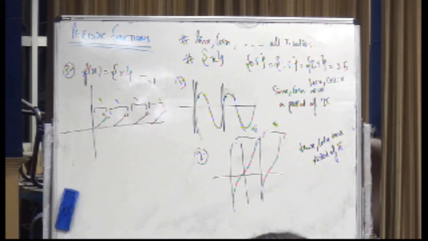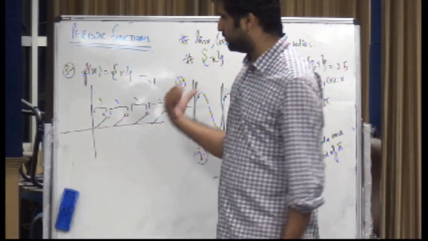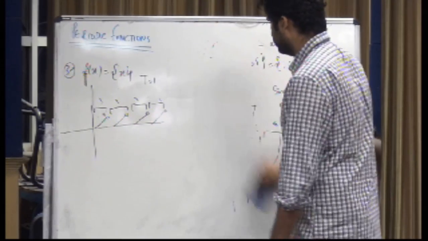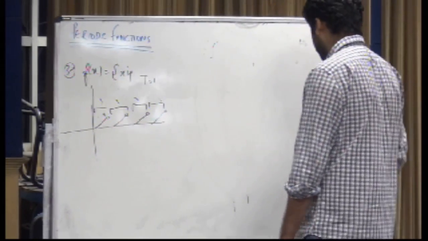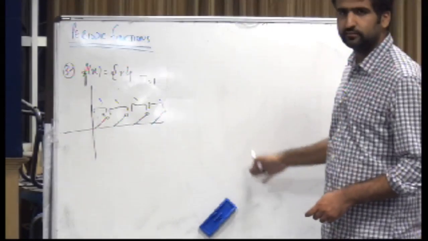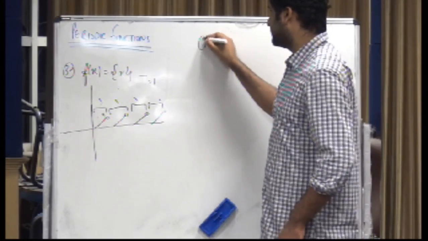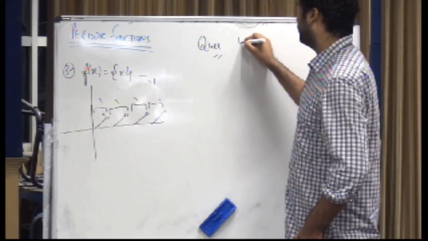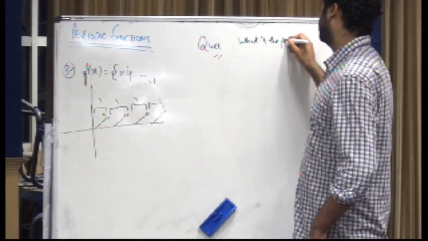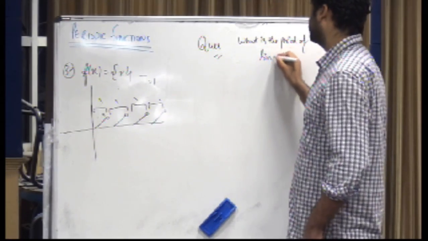Okay, is this clear? So the difficult type of questions which you can get in the case of periodic function is that you can get a combination of two functions. So a question can be like this: what is the period of sine of 3x?